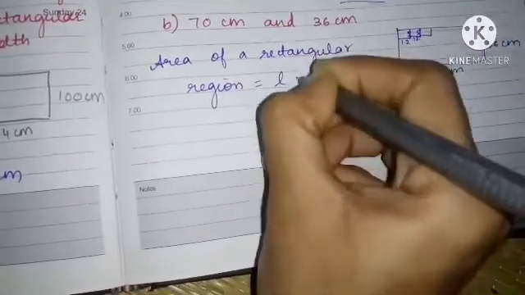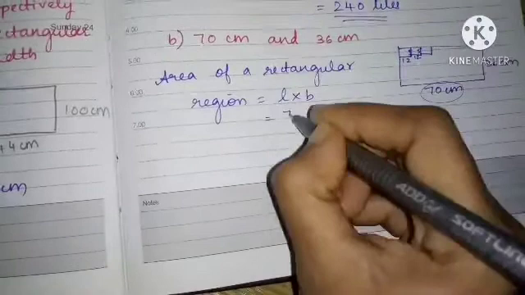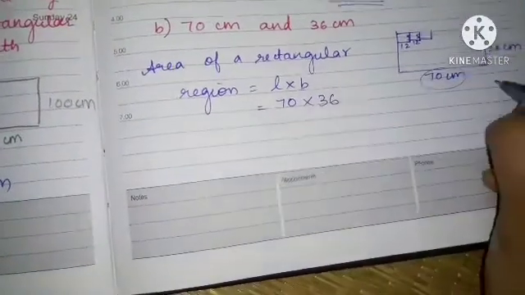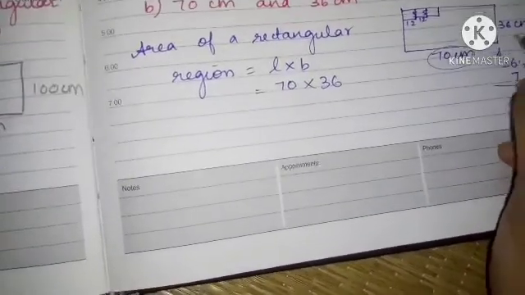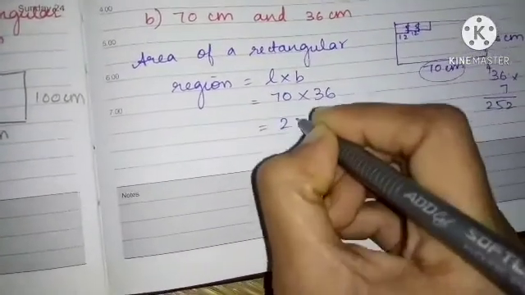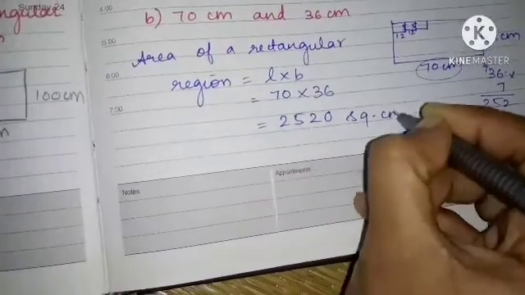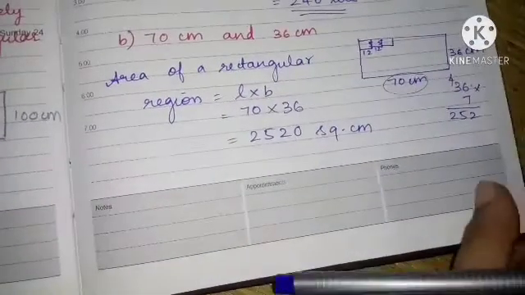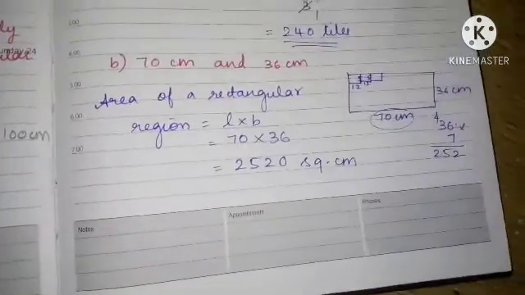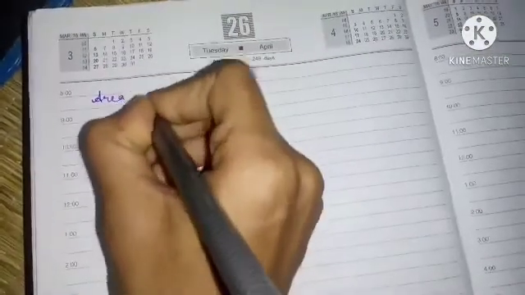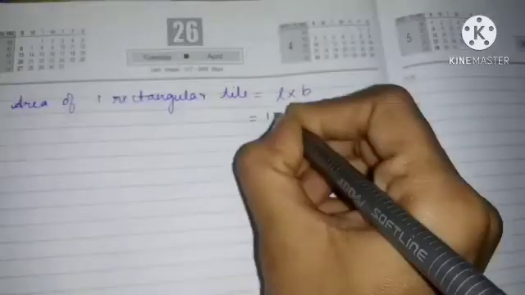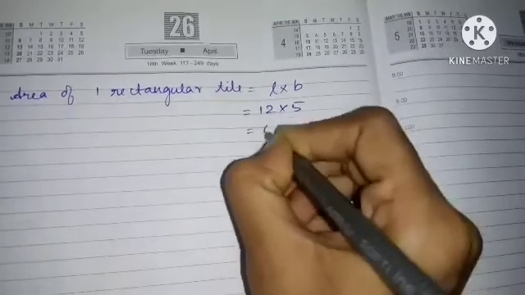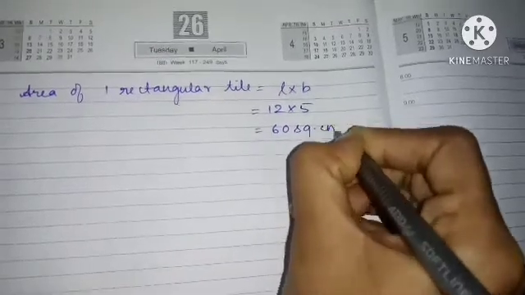So 36 into 7, 42, 1, 4, 7 3s are 21, 25. So 2520 square centimeter is the area of this rectangular region. Next, area of one rectangular tile. 12 into 5, 12 5s are 60 square centimeter, right?